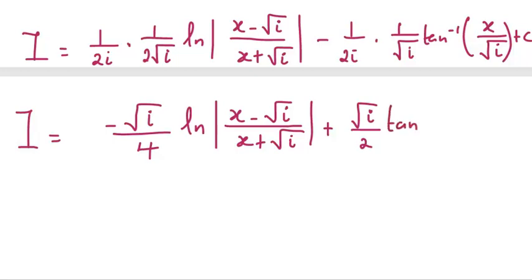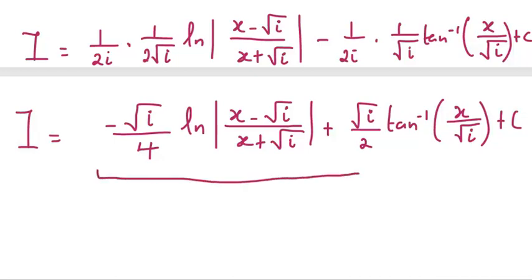Then multiply by the inverse tangent of x divided by the square root of i. And don't forget, we have our plus c. So this right over here is our solution, and that was cool.